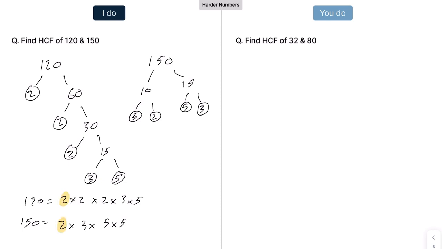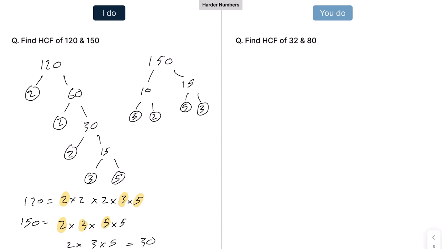That's 2 and 2 there, and 3 and 3 there, and 5 and 5 there. So the HCF here becomes 2 times 3 times 5. Now 3 times 5 is 15. 15 times 2 is 30.